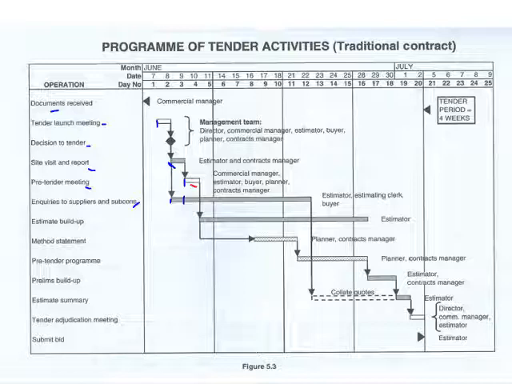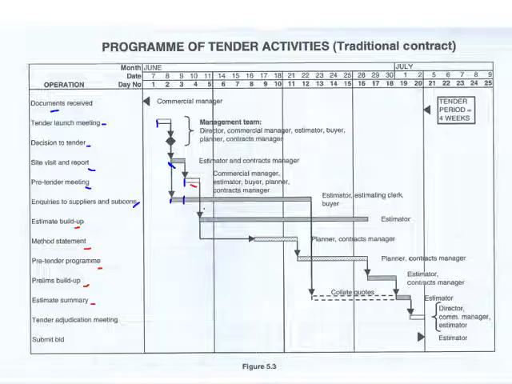Okay, then you've got your rate build-ups as your information comes in. You've got your method statements that are produced as you go along, and your pre-tender program is developed. Your prelims is then built up based on this, and then your estimate summary is compiled.